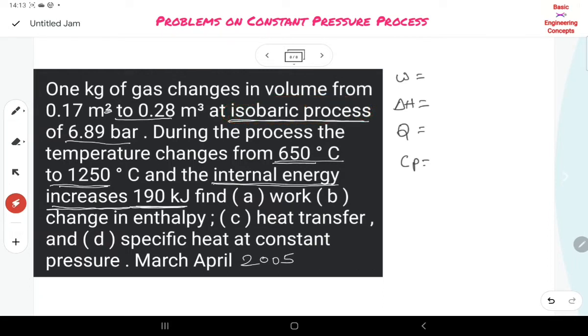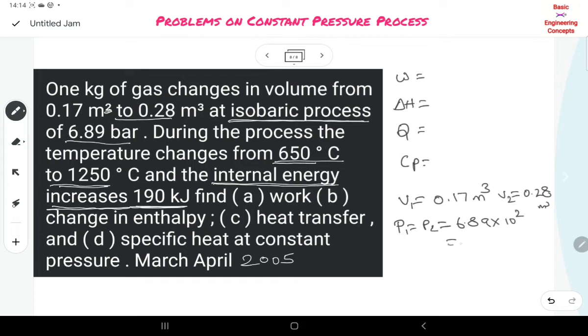Here the data given is: initial volume V1 is equal to 0.17 meter cube, final volume 0.28 meter cube. So P1 and P2, as it is constant pressure, is 6.89 into 10 square, equal to 689 kilonewtons per meter square.